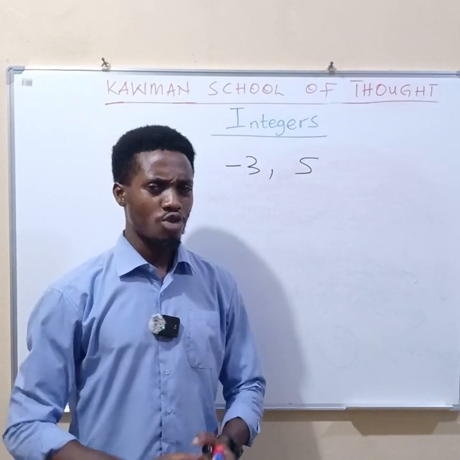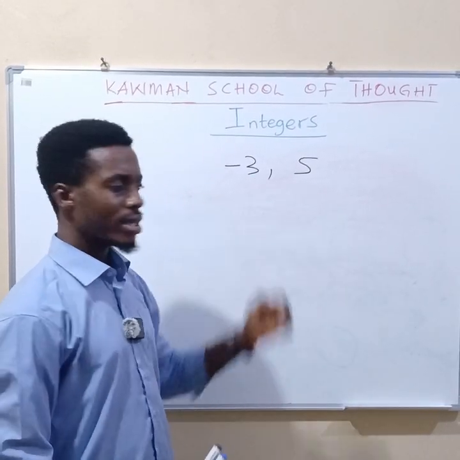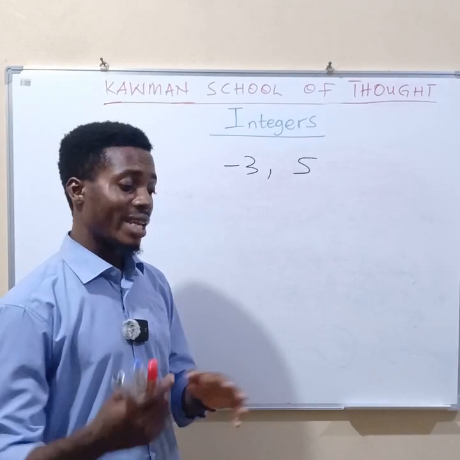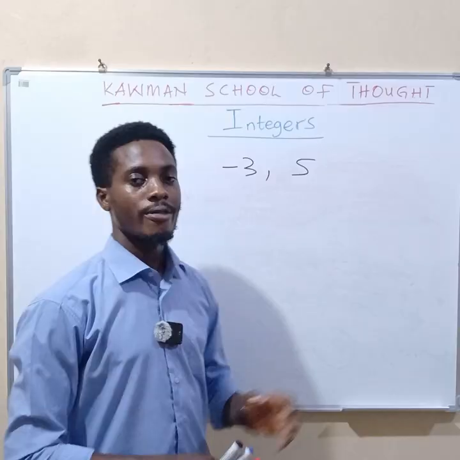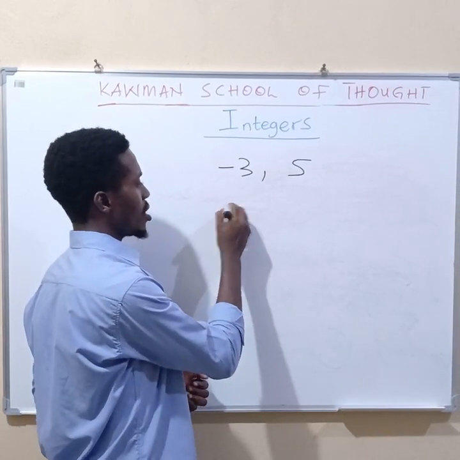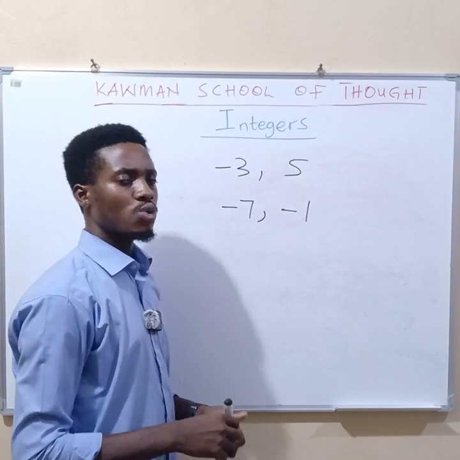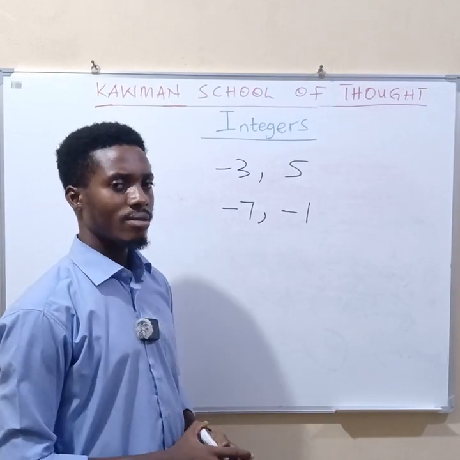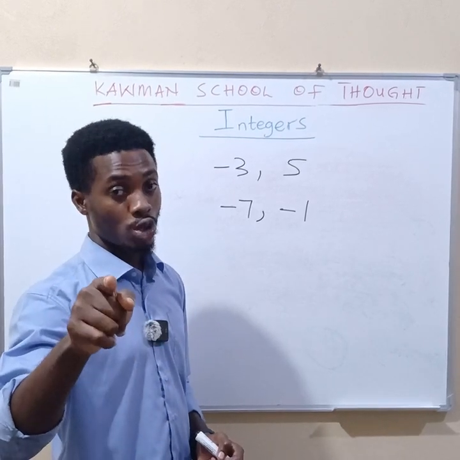It's so easy for you to tell. The answer is just 5. 5 is bigger than -3, or in other words, -3 is smaller than 5. But what if I give you a number like this? Same question: -7 and -1. Which of these two numbers is bigger? That is where the problem comes in. But don't worry, I have a solution for you.